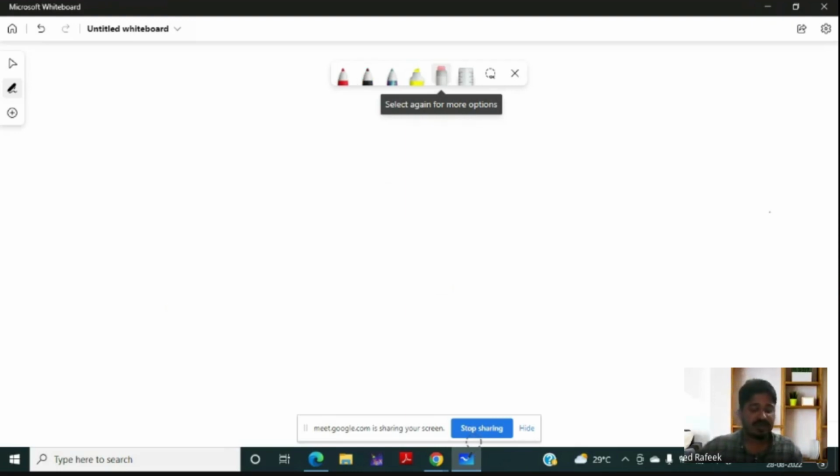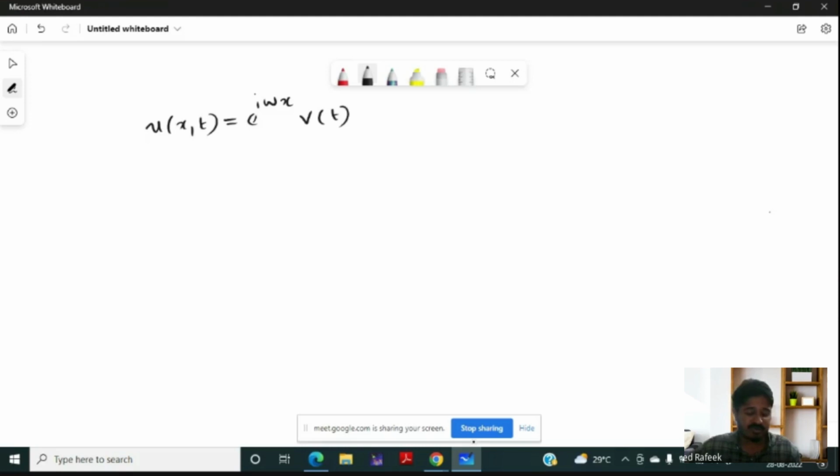Okay, given that u of x comma t is equal to e raised to i omega x v of t, with v of 0 equal to 1, and dou u by dou t equal to dou cube u by dou x cube.